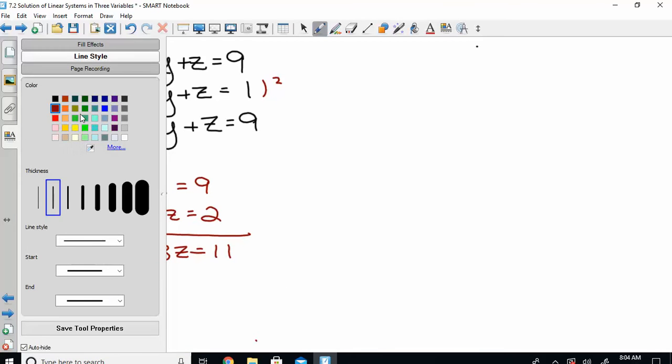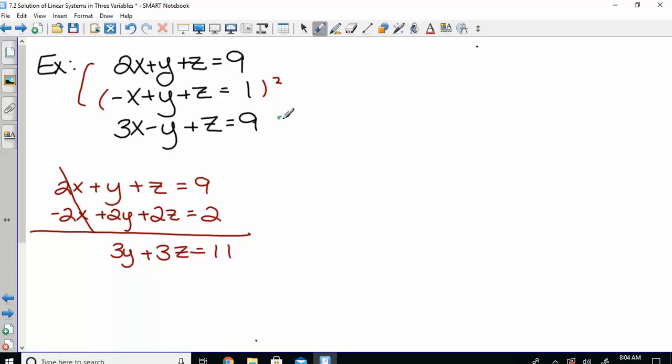Now we have to eliminate the same variable. We have to use the third equation and one of the other 2 to eliminate my x again. So if I took probably the second and third, what would we have to do to eliminate our x? Yeah, we'll have to take the second one times a 3 this time.